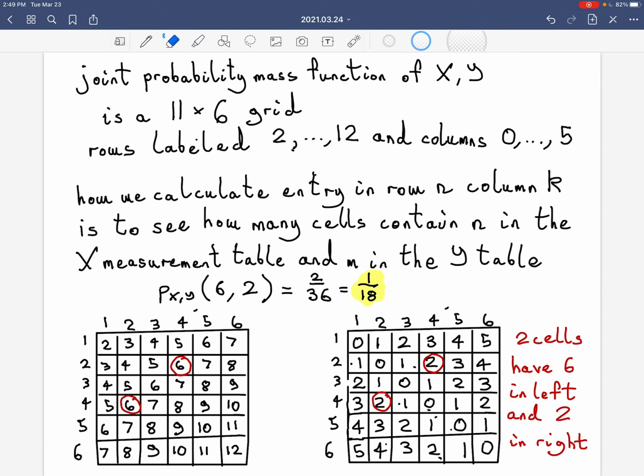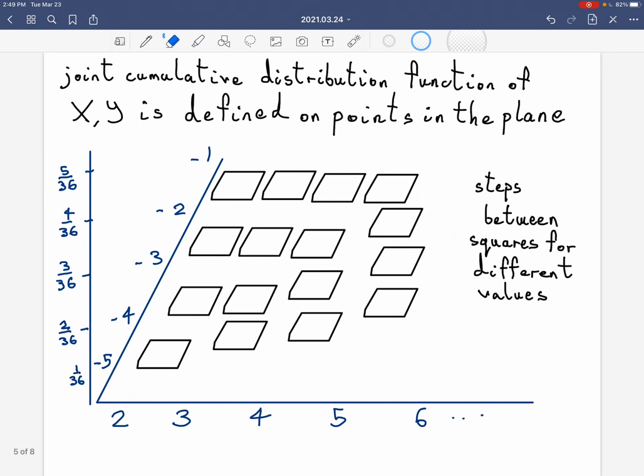Where are the outcomes where x is... or sorry, I shouldn't have minus signs here. Let me get rid of that.